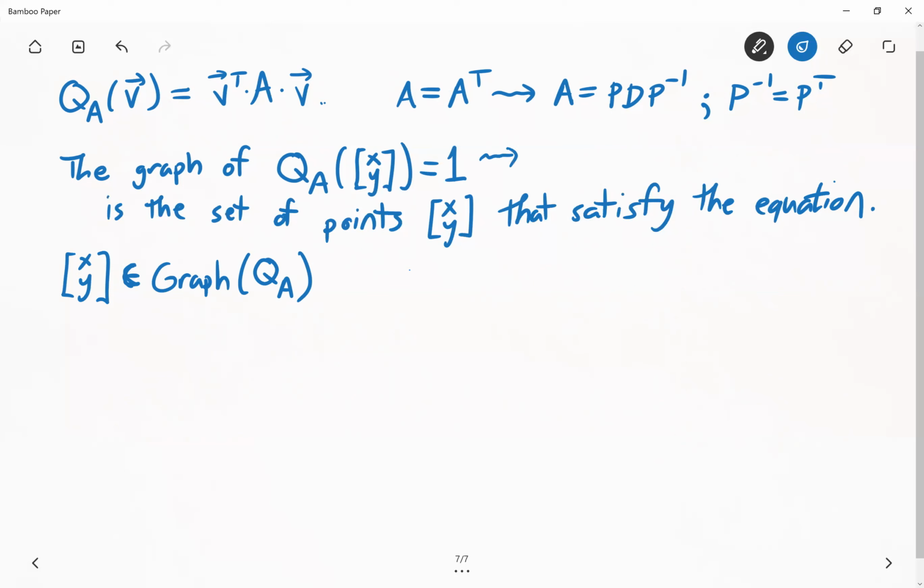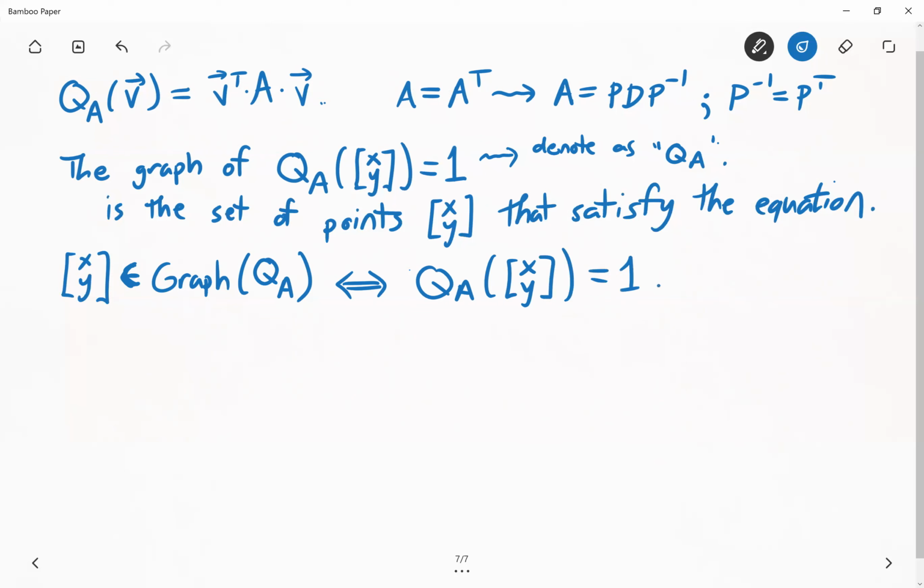And so this I'm going to denote as just Q_A to make this a little bit shorter. If xy is on the graph of Q_A, that means that Q sub A of xy must be equal to 1. That's the definition of being on a graph.